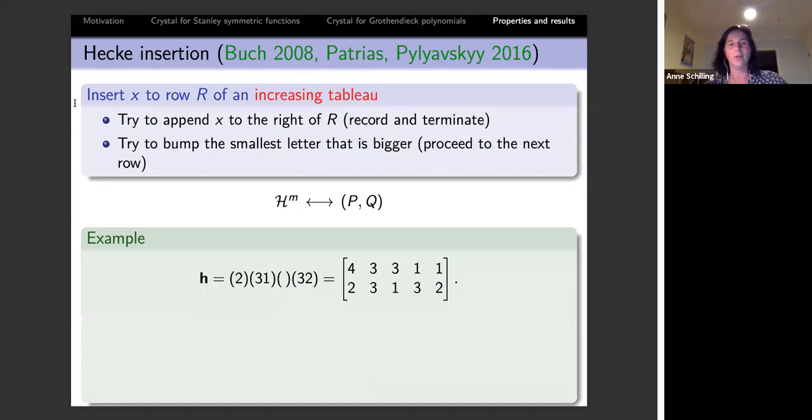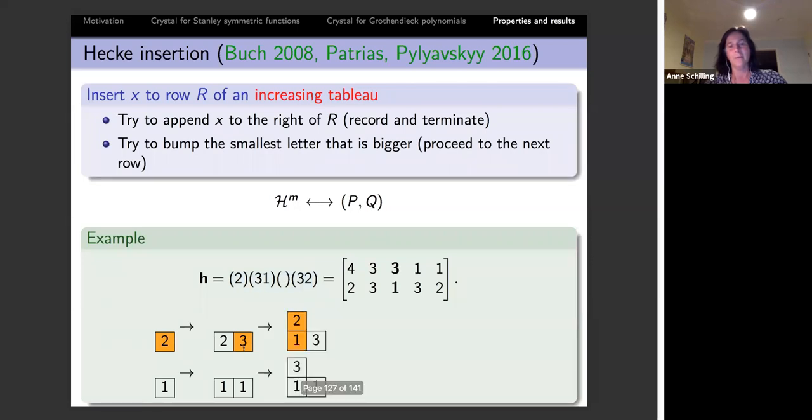Again, you start with a decreasing factorization, and I write it in terms of this two-row array. Then you start inserting. Normally it's just like RSK. You insert the 2, then you insert the 3, which sits behind. Then the 1 bumps the 2 up.